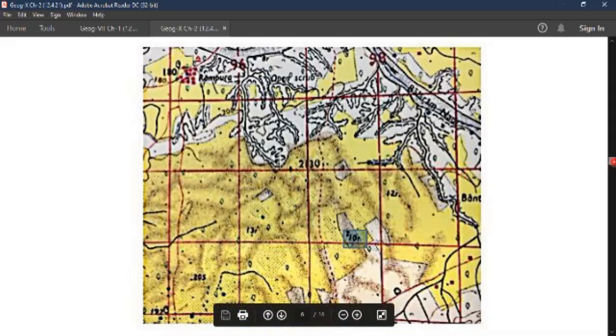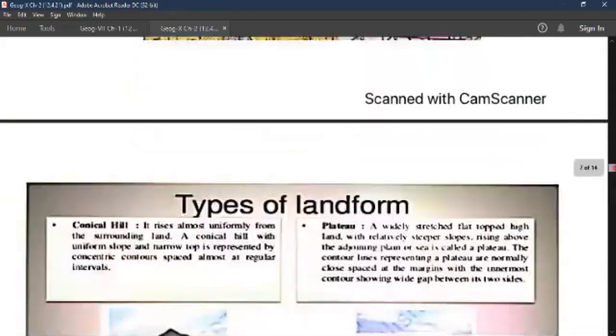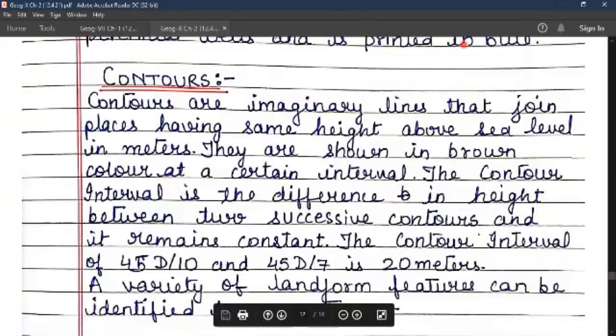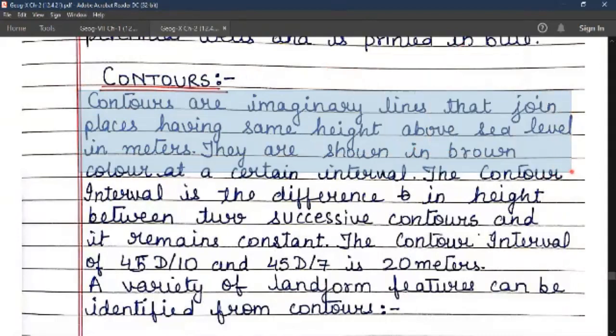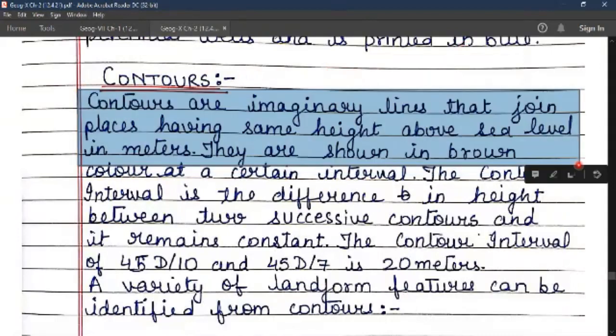The next, the fifth one, is the contours. Contours are imaginary lines that join places having the same height above sea level in meters.